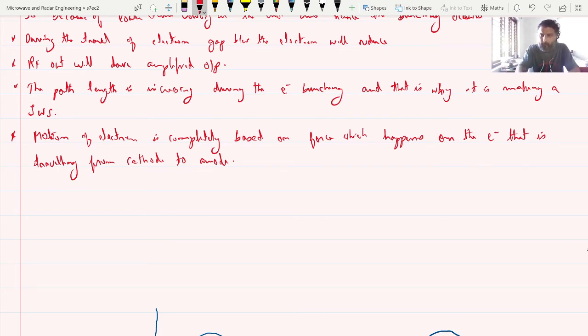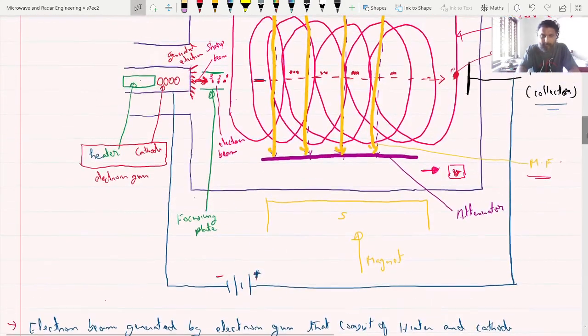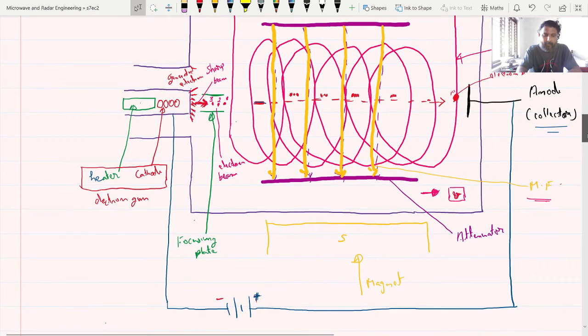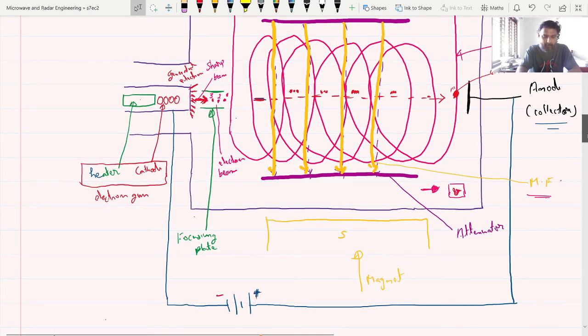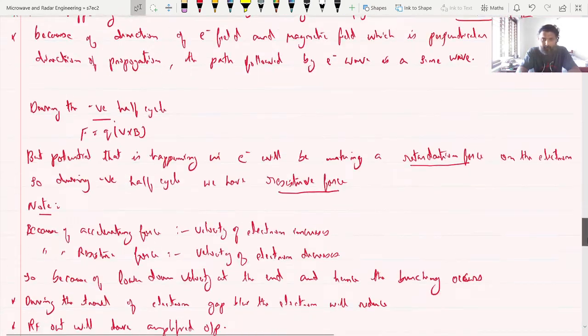If you are seeing from this direction, from the front view, the electrons are linearly moving towards the cathode, so towards the collector or towards the anode. So the electron flow is also continuous. That also I write here.